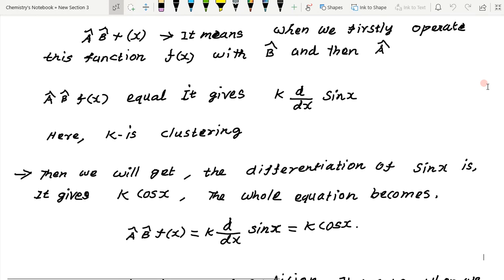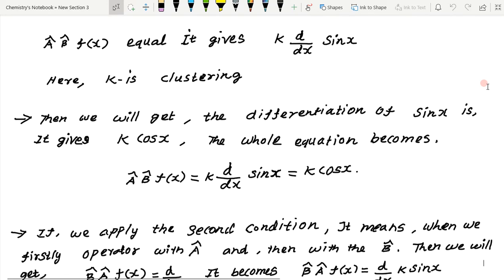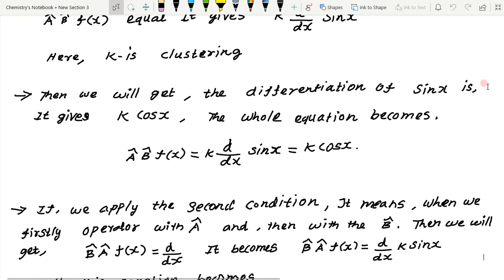Here k is a constant, then the differentiation of sin x gives k cos x. So operator A operator B f(x) equals k d by dx sin x equals k cos x.